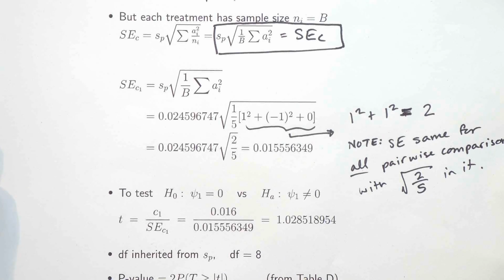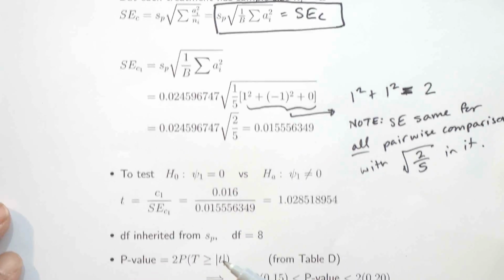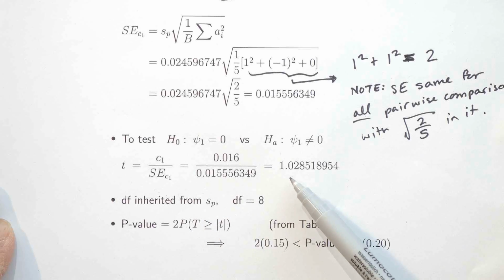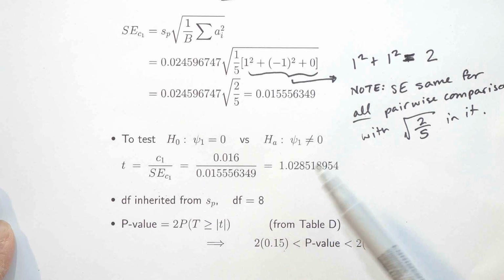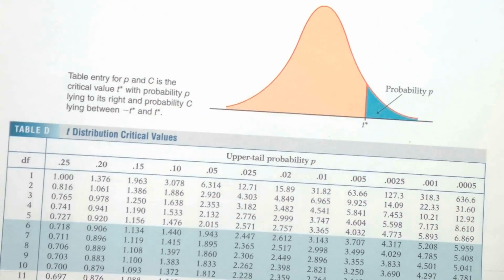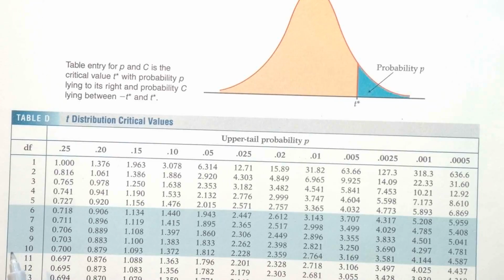So our p-value for the two-sided test is 2 times the probability that t is greater than or equal to our value of 1.028. We'll want to look this up in our t-table for 8 degrees of freedom. So there's our 8 degrees of freedom, and 1.028 would fall somewhere in here.